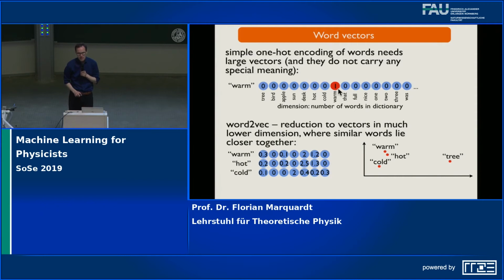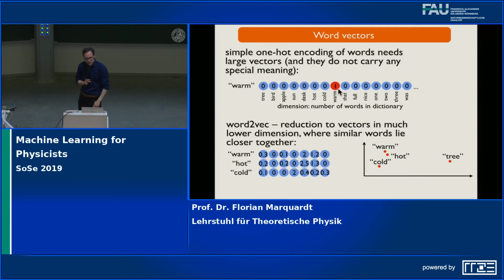But of course, this way you need a lot of input neurons. So the dimension is really the number of words in your dictionary. And 1,000 is a very restricted dictionary. So maybe to read more sophisticated things, you need many more words. So this is one problem with this, that you need a lot of input neurons because there are so many words in the dictionary.